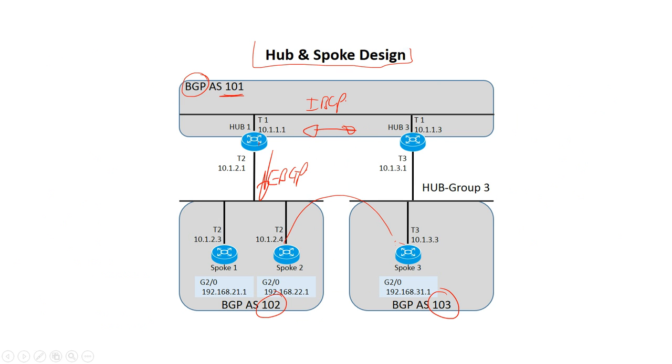Effectively we're just going to set up a peer statement. I'm going to create a peer that points there, and a peer that points there, and I'm going to say to him that anything coming from the 10.1.2.0/24 network, which is 3 and 4, is allowed to peer with me.